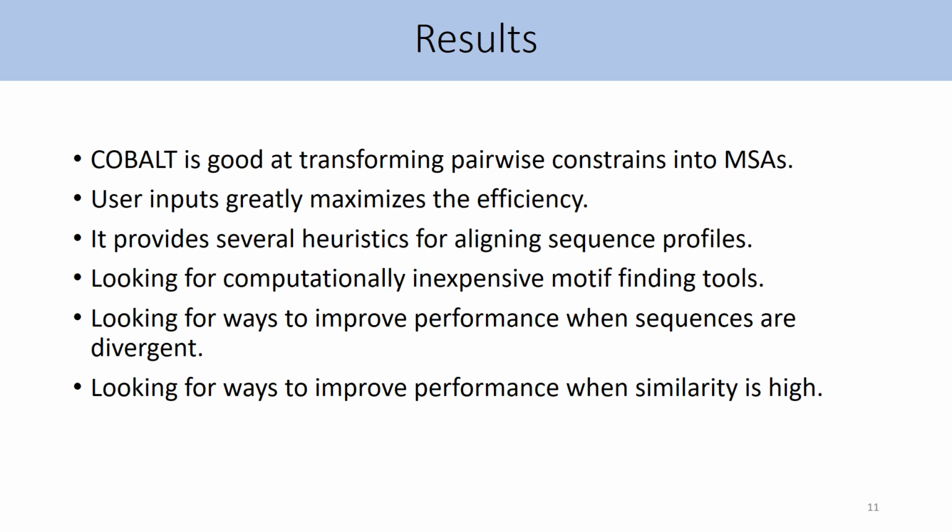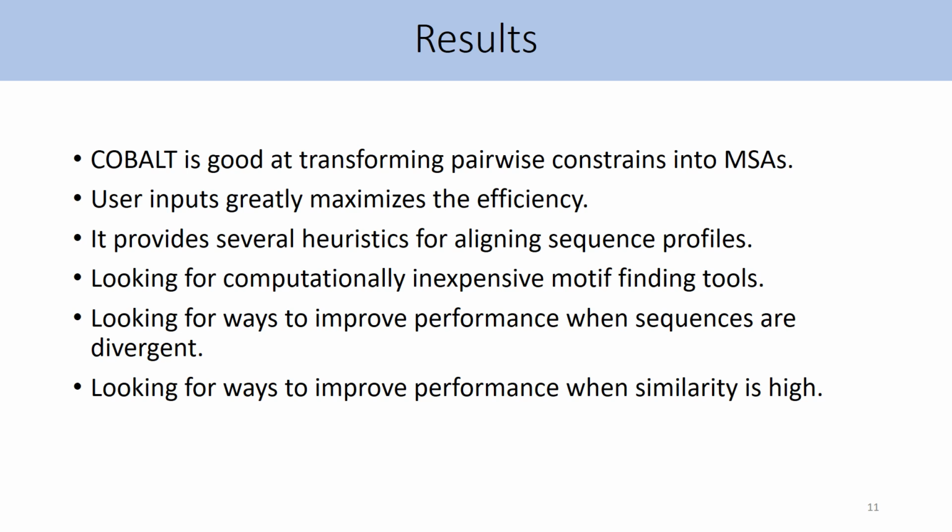So when we look at all the results, Cobalt is shown to be good at transforming pairwise constraints into multiple sequence alignments. User input that Cobalt provides maximizes the efficiency of the alignment. Cobalt provides several heuristics for aligning sequence profiles.